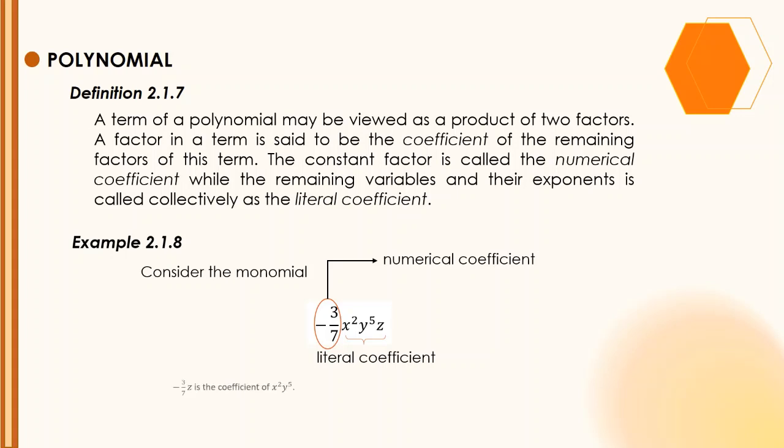Take note, negative 3 over 7 z is the coefficient of x squared y to the power of 5. And pwede rin na negative 3 over 7 y to the power of 5 is the coefficient of x squared z.